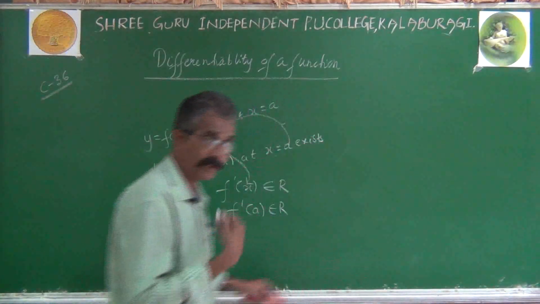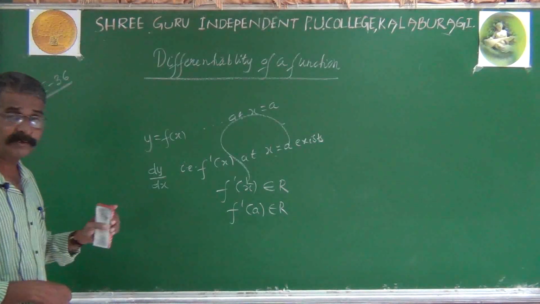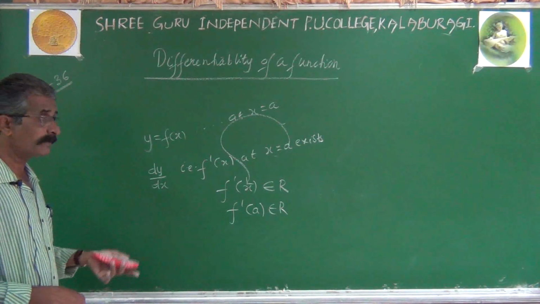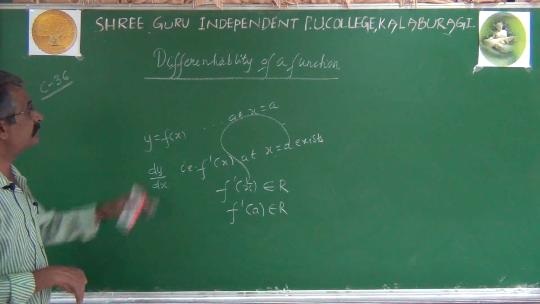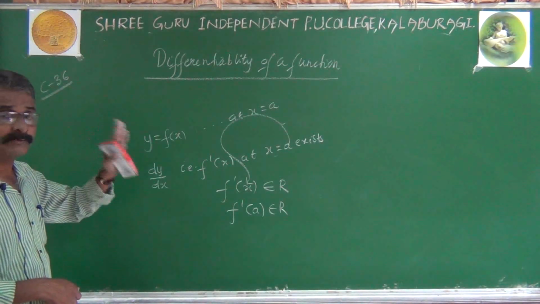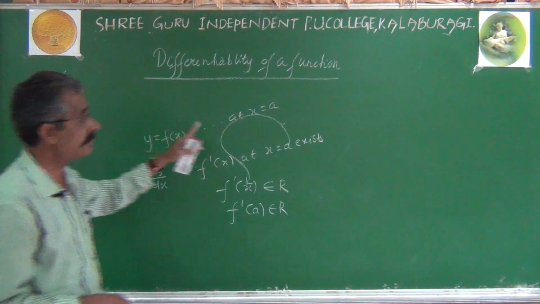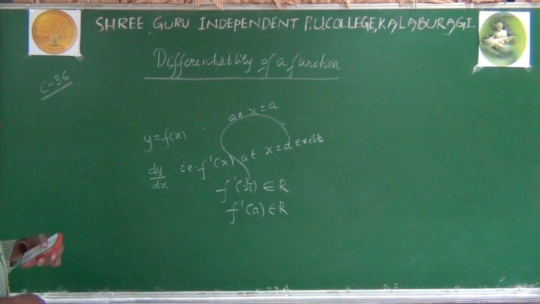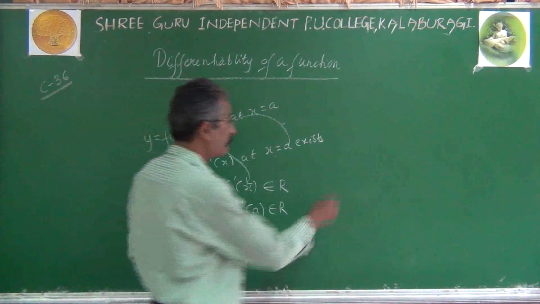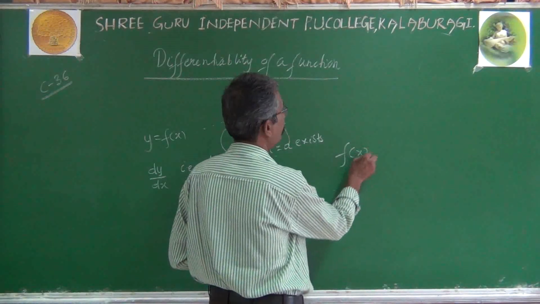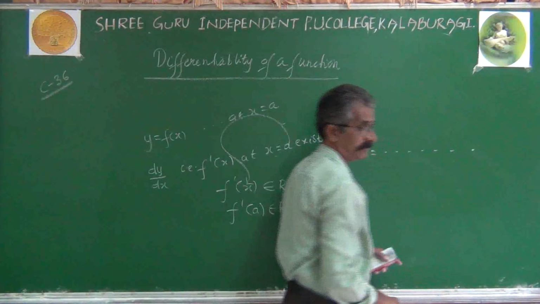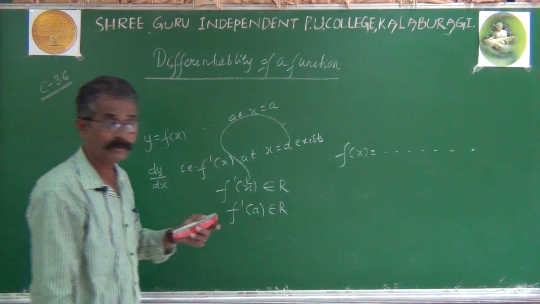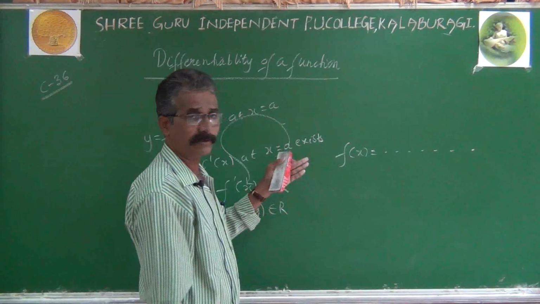F dash a exists means we can say that the function is differentiable. So a function is said to be differentiable at point x equal to a if f dash of a exists. If our function f of x is defined by a single expression, not imposing conditions with less than, greater than as in the earlier concept, it's not complicated.